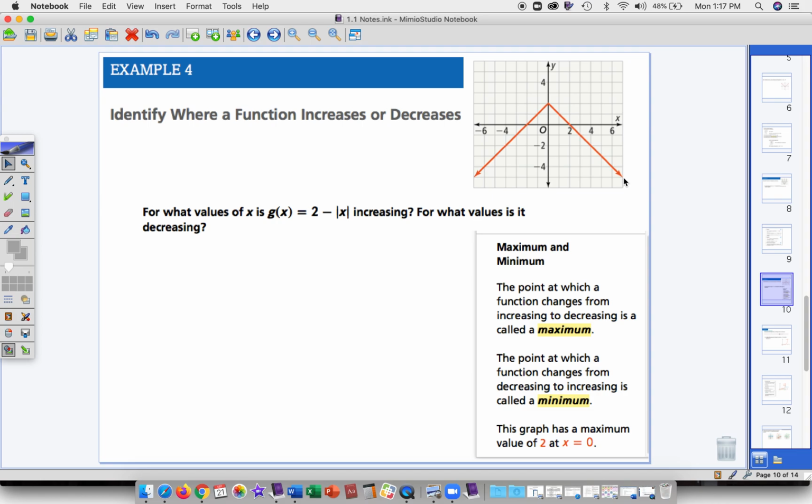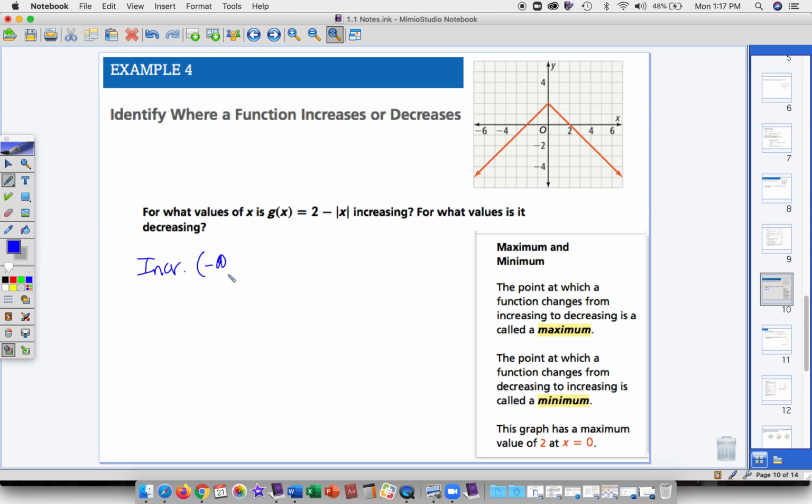This is the graph of 2 minus absolute value of x. The way that we would write out the intervals for increasing, we describe them by the x values. This graph keeps on going, so there's no limit on the x values.